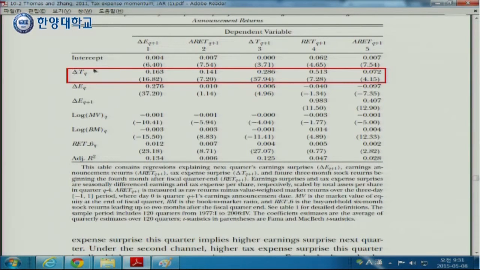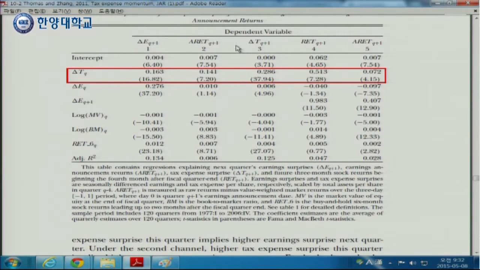If it has information about core profitability, and core profitability is the persistent part of profitability, then if there is a tax expense surprise, tomorrow there should be a tax expense surprise as well, possibly, because there is a surprise in core profitability. Okay. And then today's earnings surprise also has some predictive power about tomorrow's tax expense surprise.